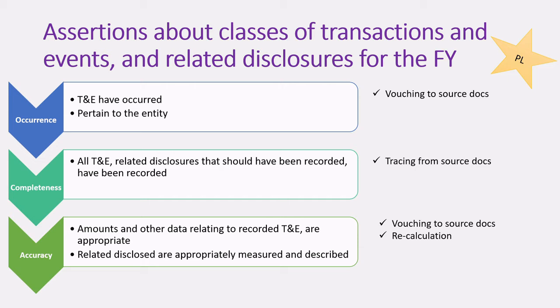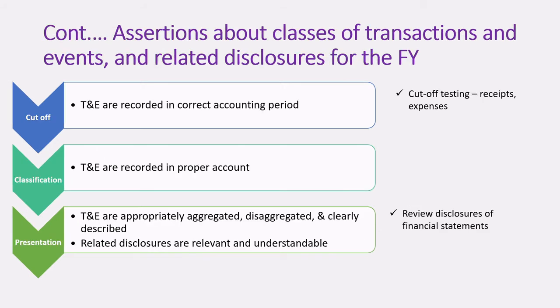When you vouch to source documents, you have to check whether the date, amount and transaction description agree with what is stated in the source documents. That's how we verify the accuracy of a transaction or event. For example, if it is interest income or a right-of-use asset calculation, you can do a recalculation and verify accuracy.